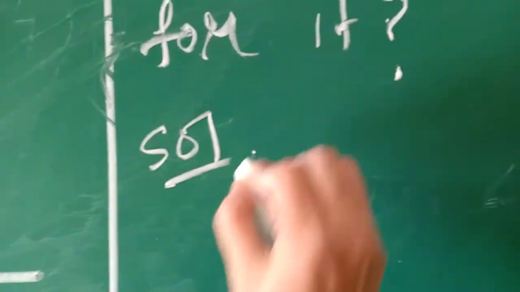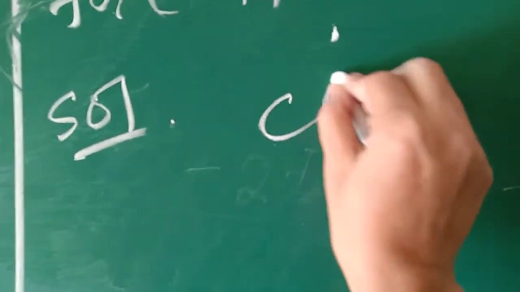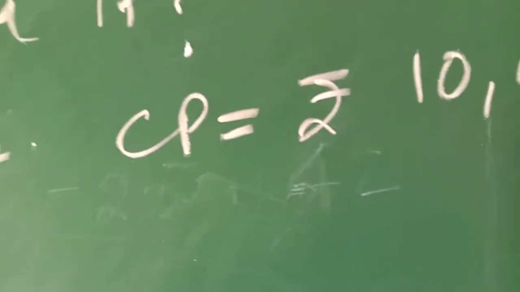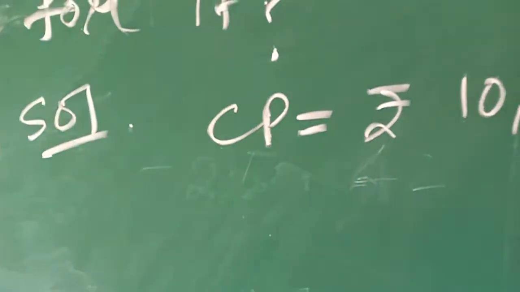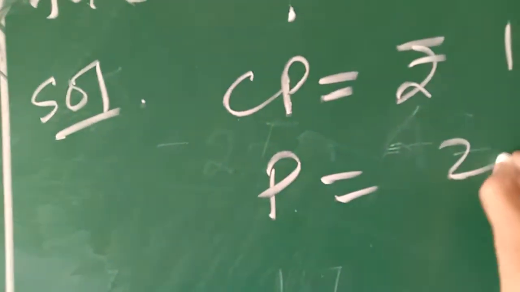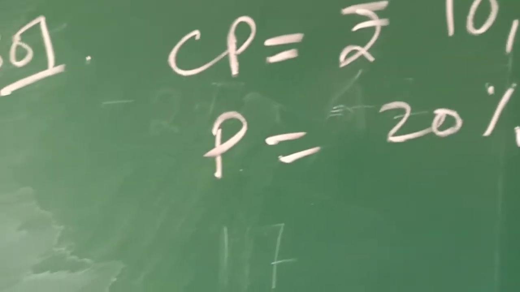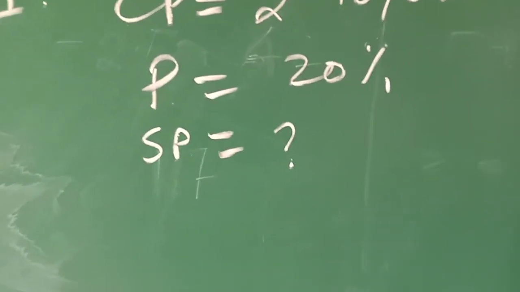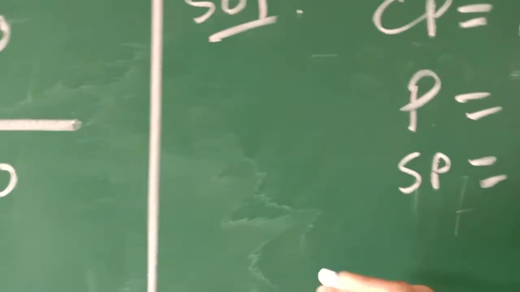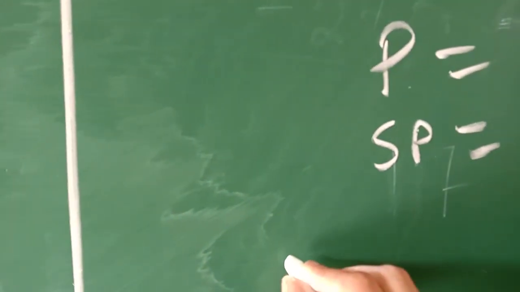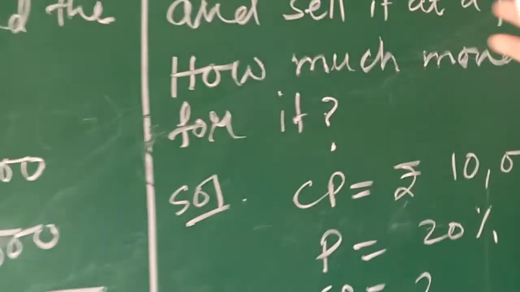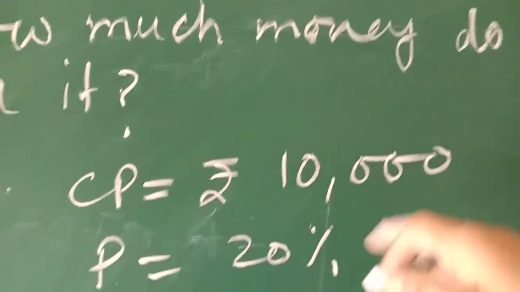Solution. The cost price of the TV is rupees 10,000 and it is sold at a profit of 20%. So the selling price you have to find out, it is missing. Now, as you know, profit is some extra money. When I sell this at a profit of 20%, I will get some extra money.